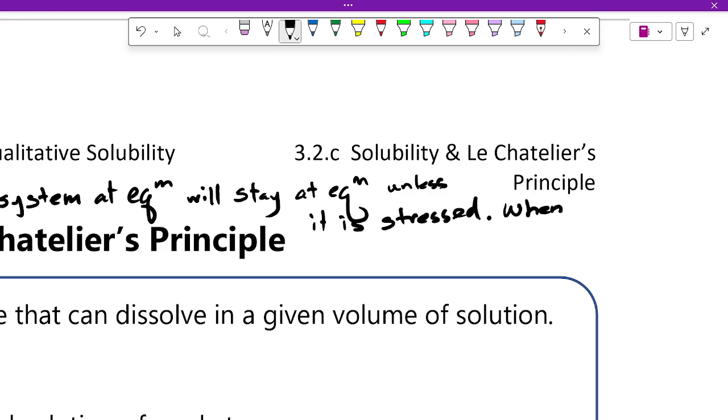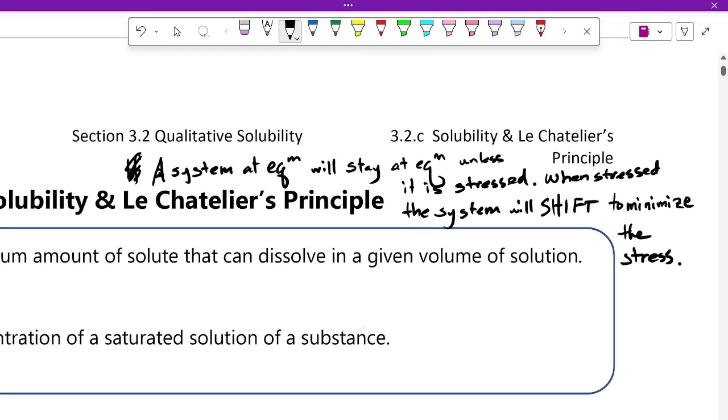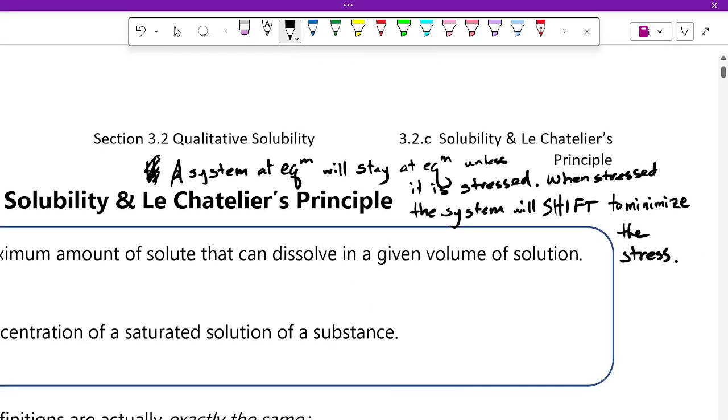When stressed, the system will shift in order to minimize that stress. And remember, this is not a real explanation. A real explanation would always be done in terms of rates. But you can use Le Chatelier's principle to explain.